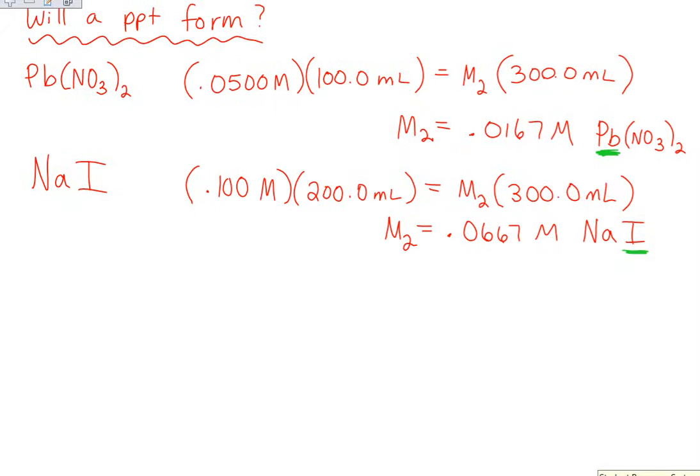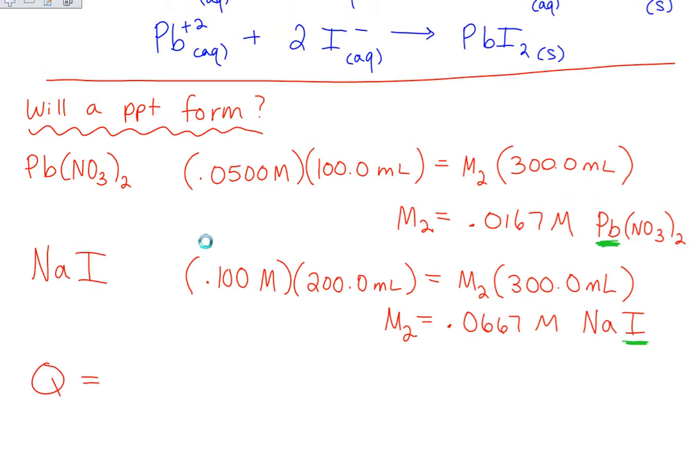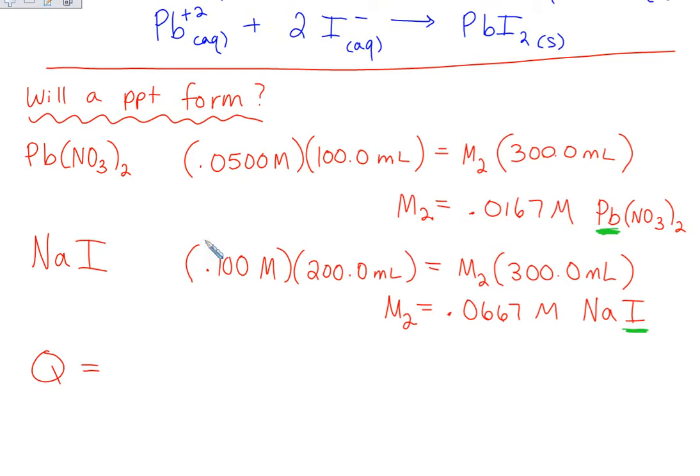Will a precipitate form? Let's calculate Q, or the ion product. If I look back at my net ionic, I'll keep that up there. I take my initial molarities. Let's use the lead: 0.0167 molar lead.